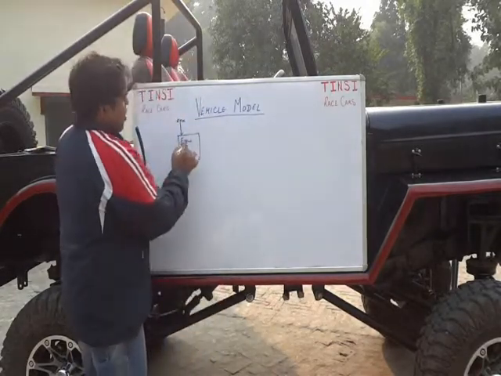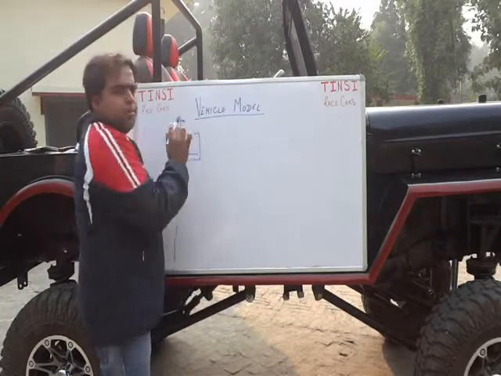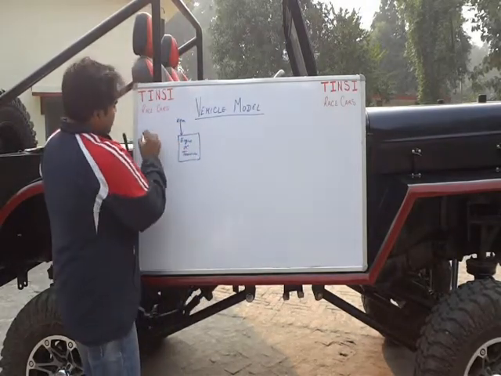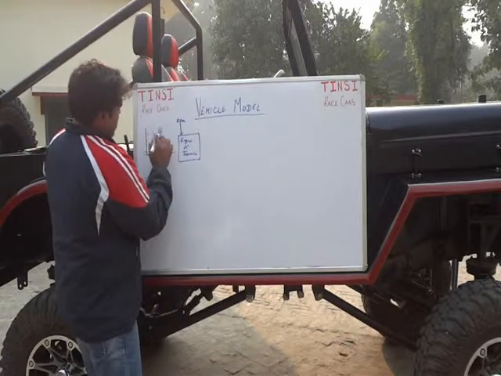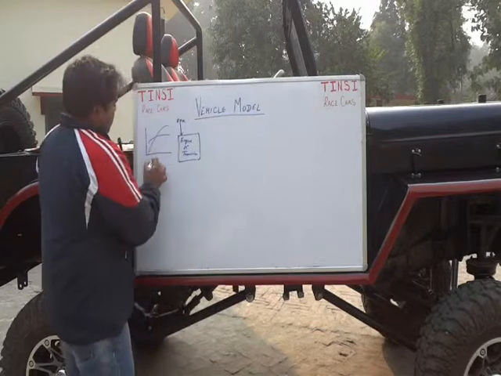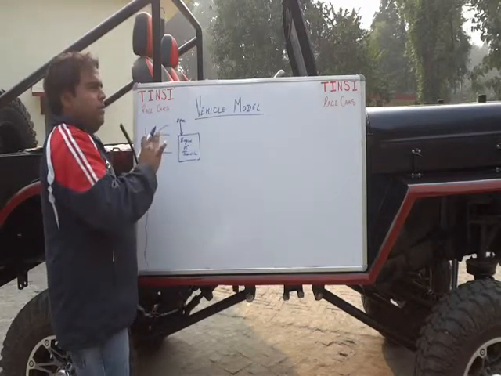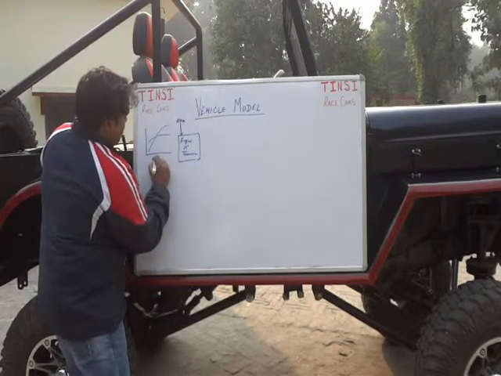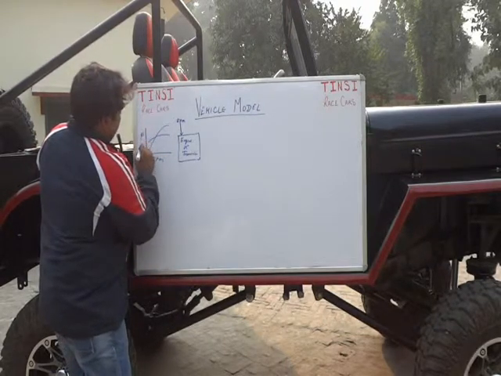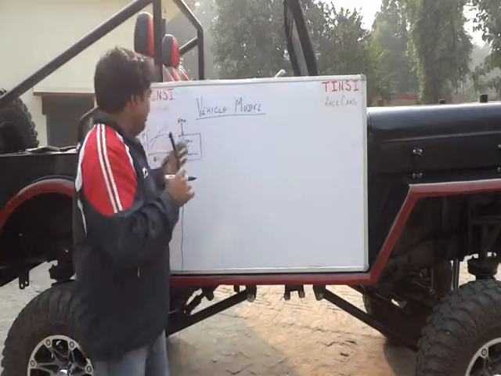Now this subsystem already has enough data to get meaningful information from the RPM. What is that data? The engine curve. So this engine curve actually correlates RPM with power and torque. So at what RPM, what power and what torque I am getting, that I can figure out.